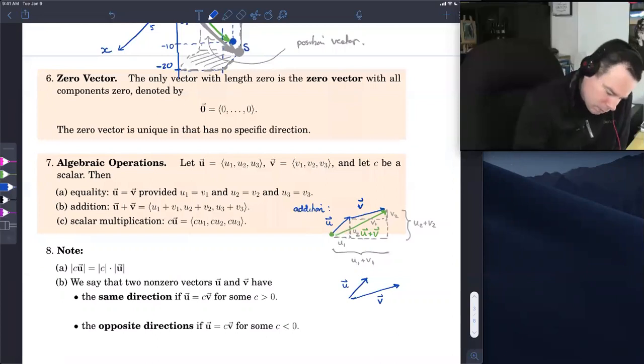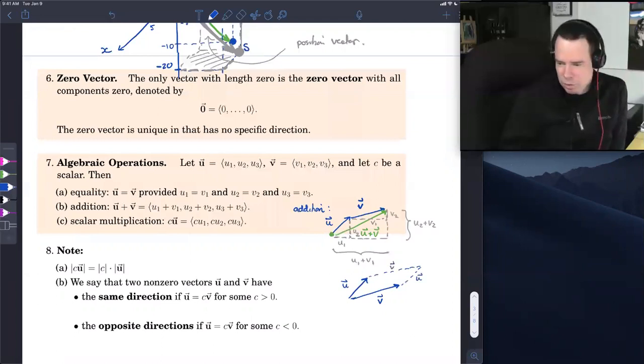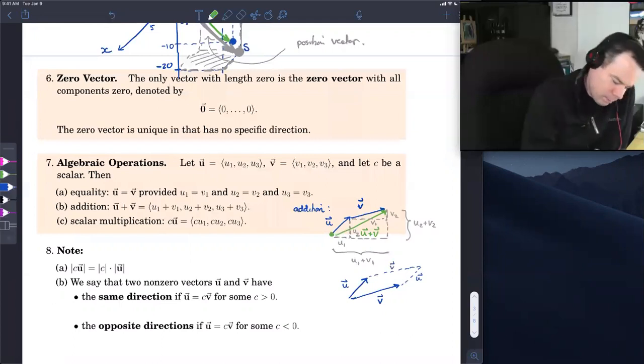Well, we get the sum by forming the parallelogram. So again, I'll take another copy of u and another copy of v, and I'll stick them on the ends of each other like this, and that forms a parallelogram. And then the sum is the diagonal of this parallelogram. That's u plus v.